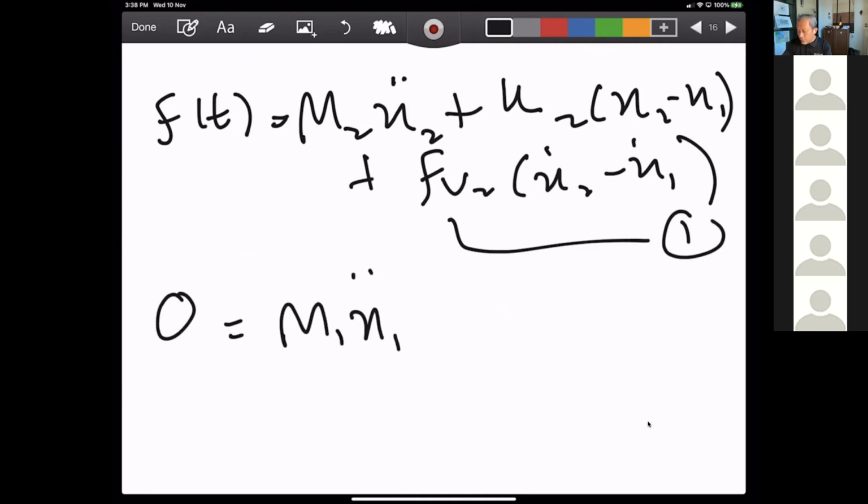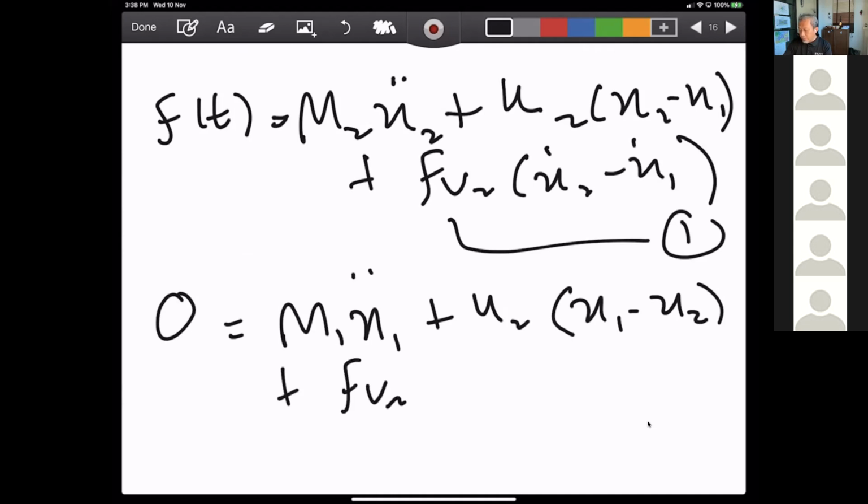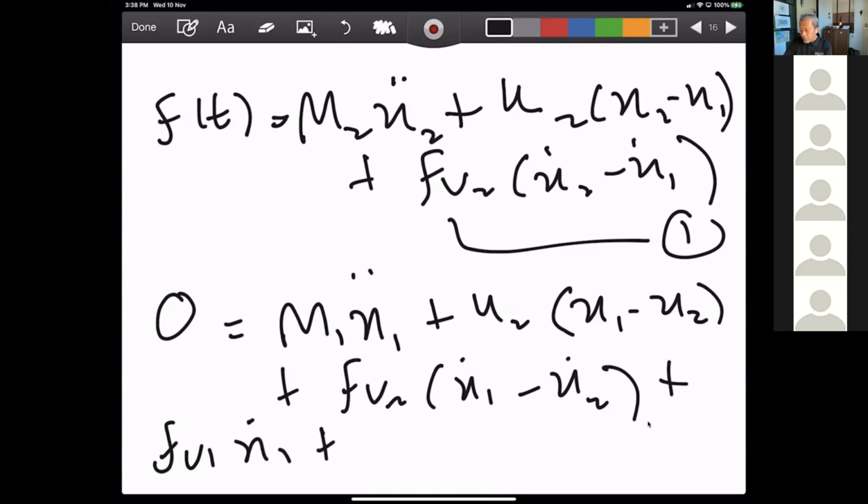X1 double dot, K2 plus FV2 (X1 dot minus X2 dot), plus FV1, the damper, plus the spring, plus the frictions of the M1.